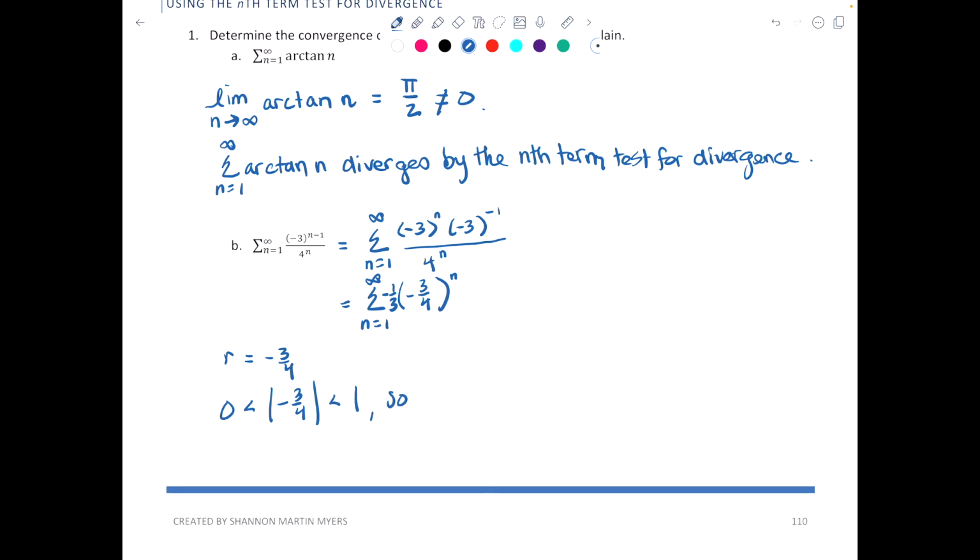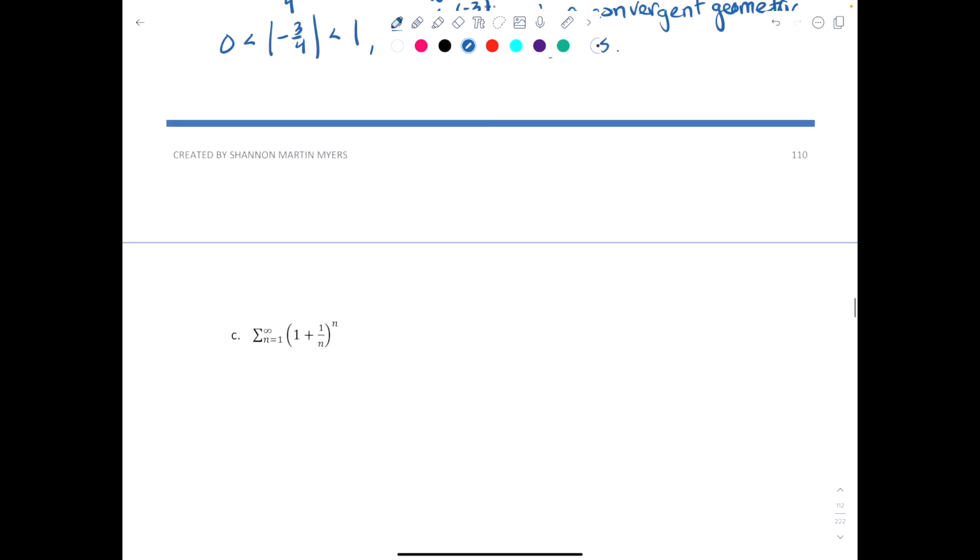So the summation from n equals 1 to infinity, I'll write it as our original, of -3 to the n minus 1 over 4 to the n, is a convergent geometric series. So that one converges. They didn't tell us to find what it converged to, so don't worry about it.